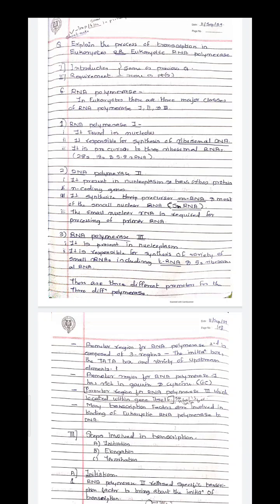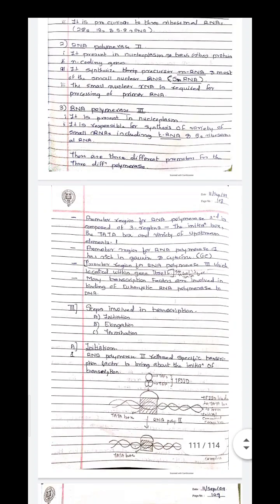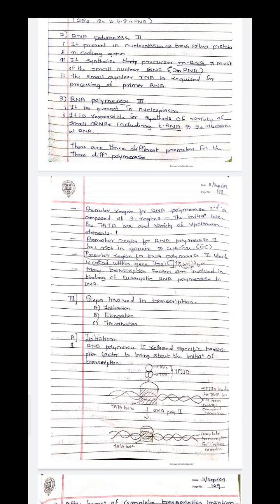So this is the difference between prokaryotes and eukaryotes. Then at the promoter side different factors are used. These different promoter regions are combinedly called the TATA box, that is TATA box.